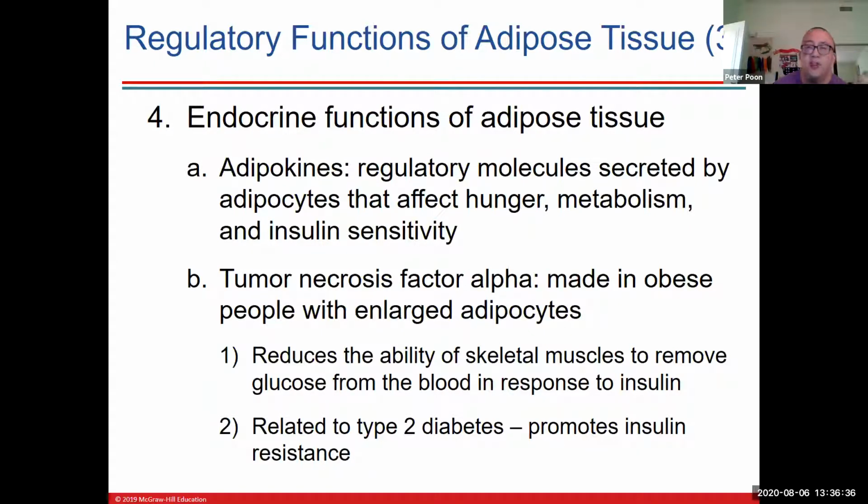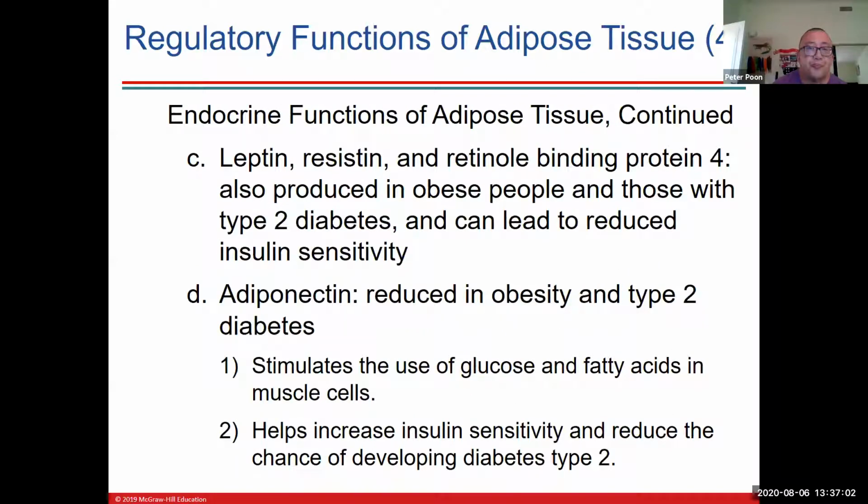Your skeletal muscles, so you don't do as much exercise. And that actually promotes insulin resistance. So again, blood sugar ends up being higher, and because your skeletal muscles aren't sucking up the sugar, the sugar stays, and then you need a heavier dose of insulin to get your non-muscle cells to take up the sugar.